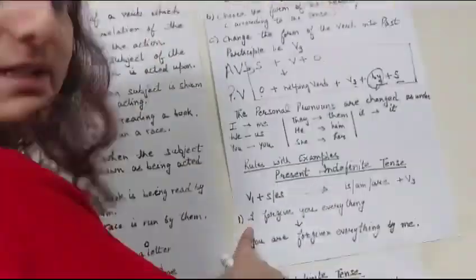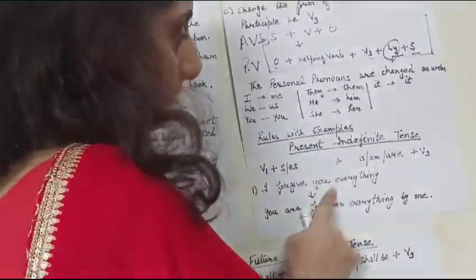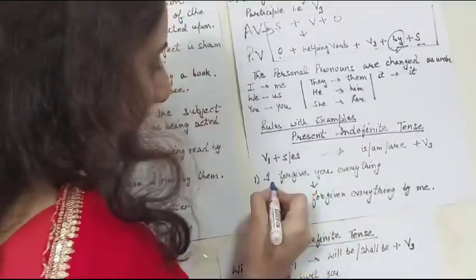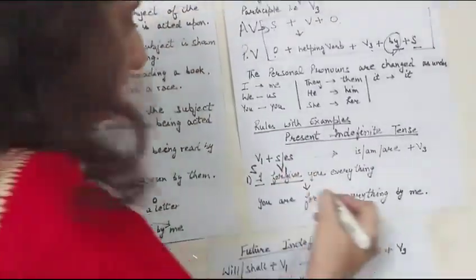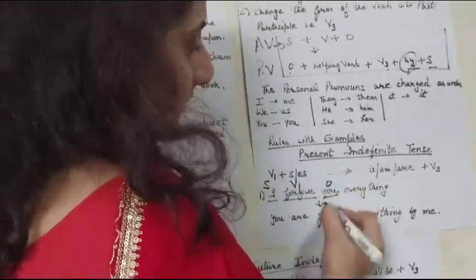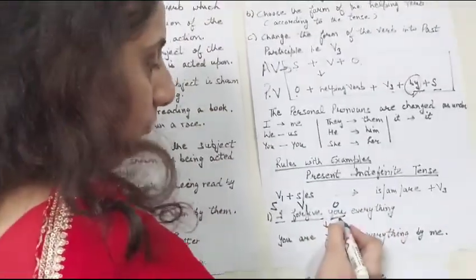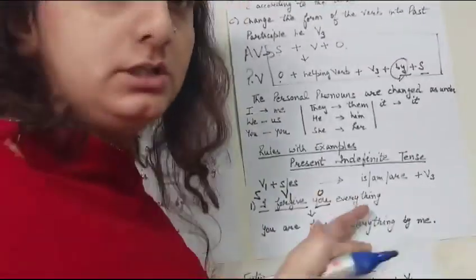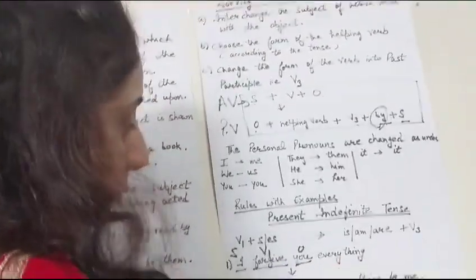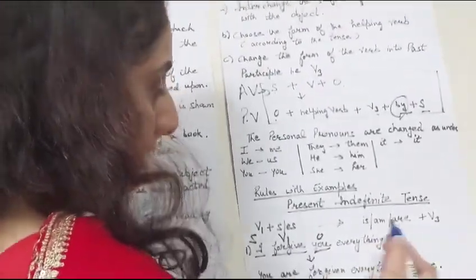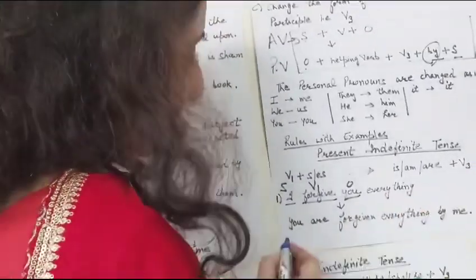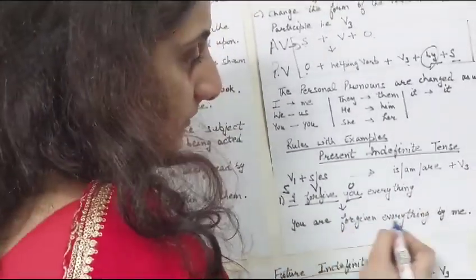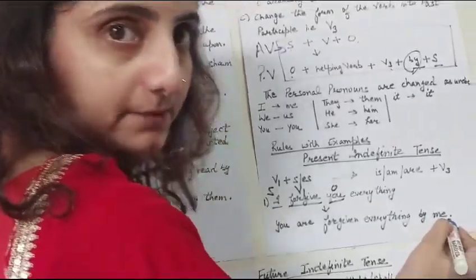So for example, I forgive you everything. Here I is the subject, forgive is the first form of the verb, you is the object. So when it changes into the passive voice, we use is, am, are according to the subject and the third form of the verb. You are forgiven everything by me.